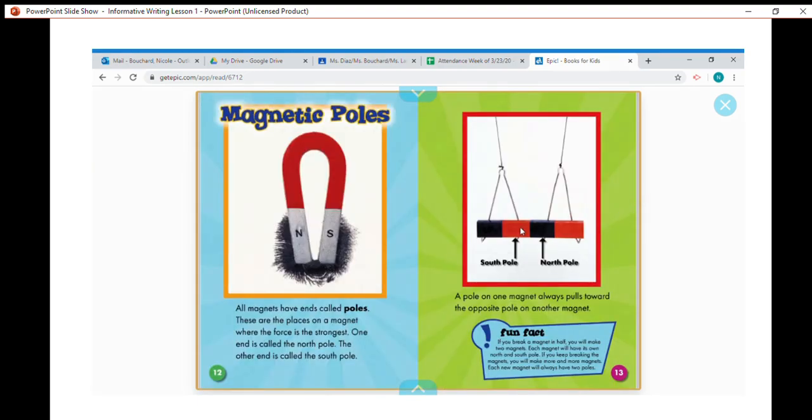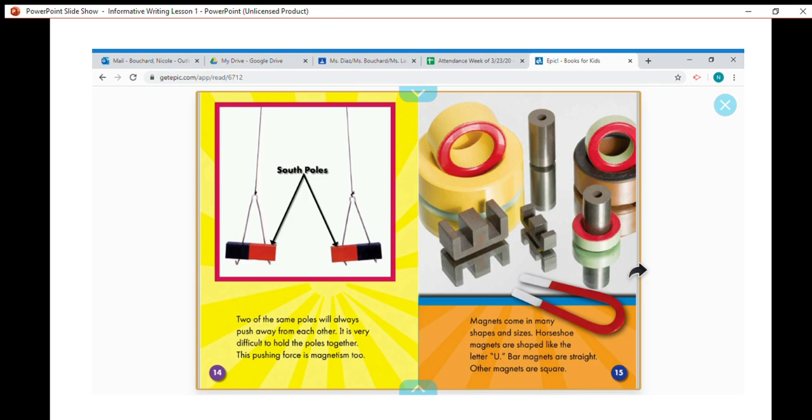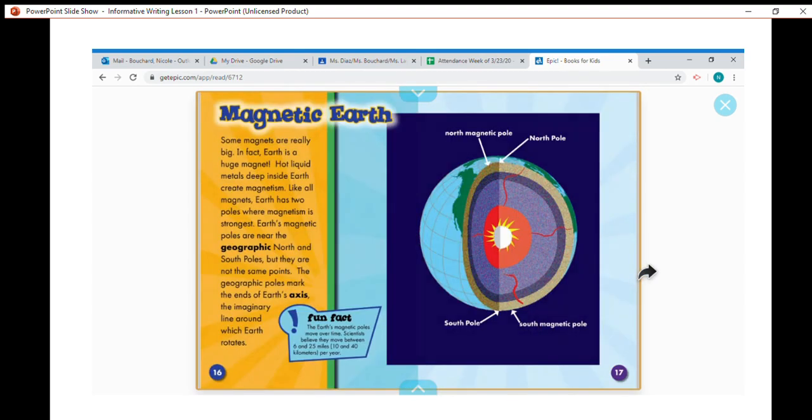I also see diagrams that show what you're supposed to be learning about. I also see pictures that are labeled and explain what is shown in the picture.